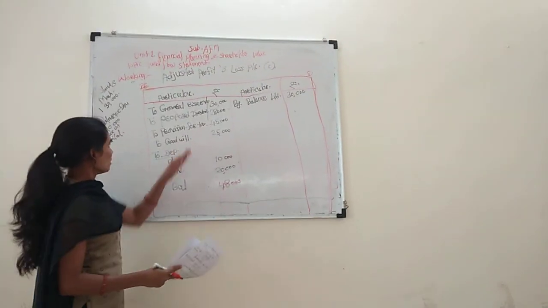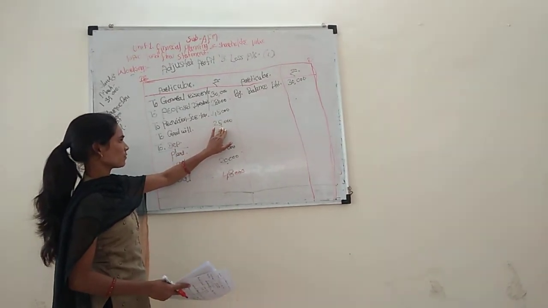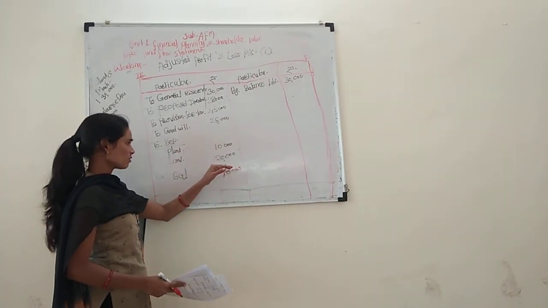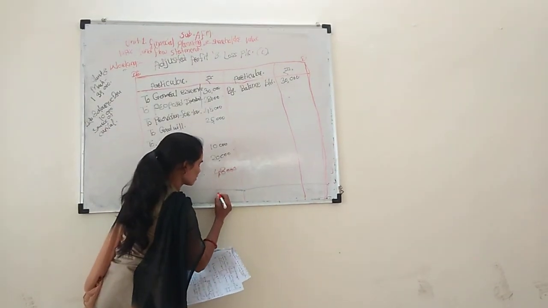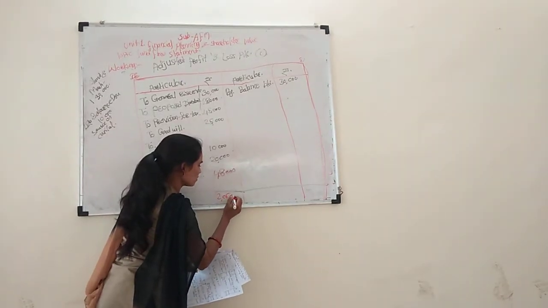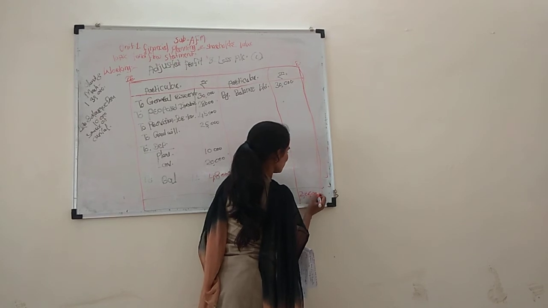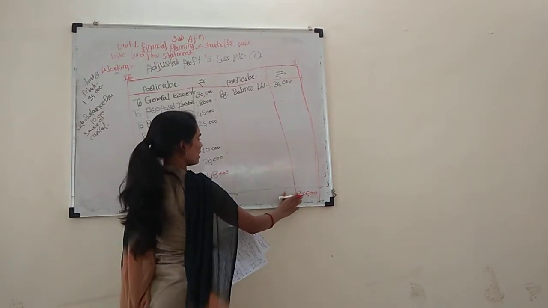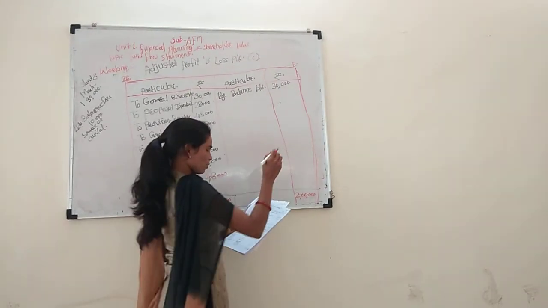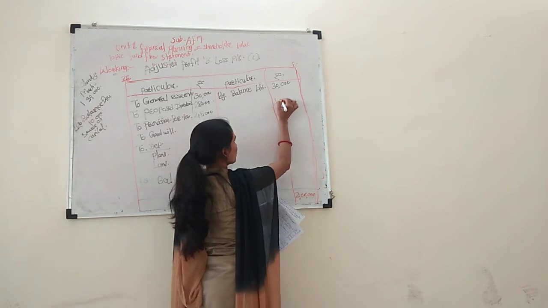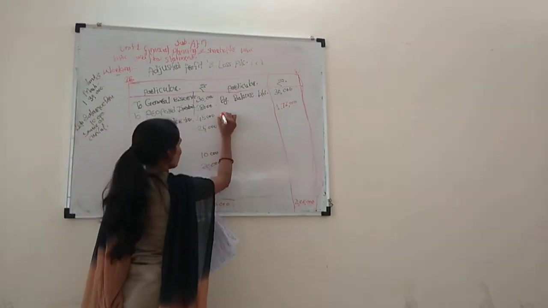This side total: 30,000 plus 28,000 plus 45,000 plus 25,000 plus 8,000 plus 20,000 plus 48,000 is equal to 2,06,000. This side 2,06,000. 2,06,000 minus 30,000 is equal to 1,76,000, by fund from operations.